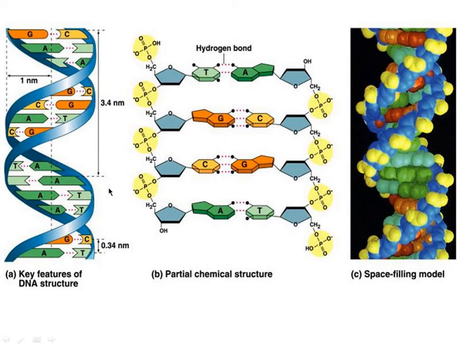One complete turn has a length of 34 angstrom, and in one turn there are 10 nucleotides. So that is why the distance between each nucleotide will be 3.4 angstrom. Here the measurement is given in nanometers, but I'm giving you the terms in angstroms.